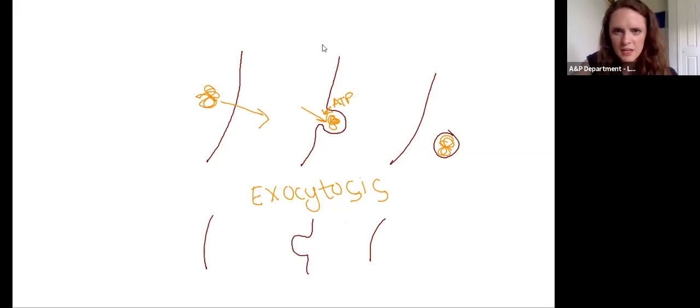Same thing happens coming into the cell. So let's say you have a bacteria, bad guy, bacteria. It hits your cell wall. It's going to be engulfed by the cell until it's in its own little bubble on the inside of the cell. Okay, so moving into the cell is called endocytosis.